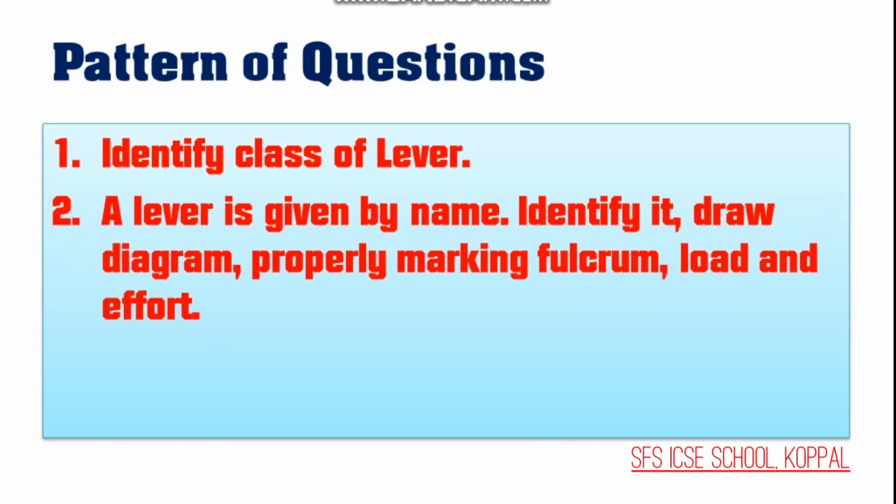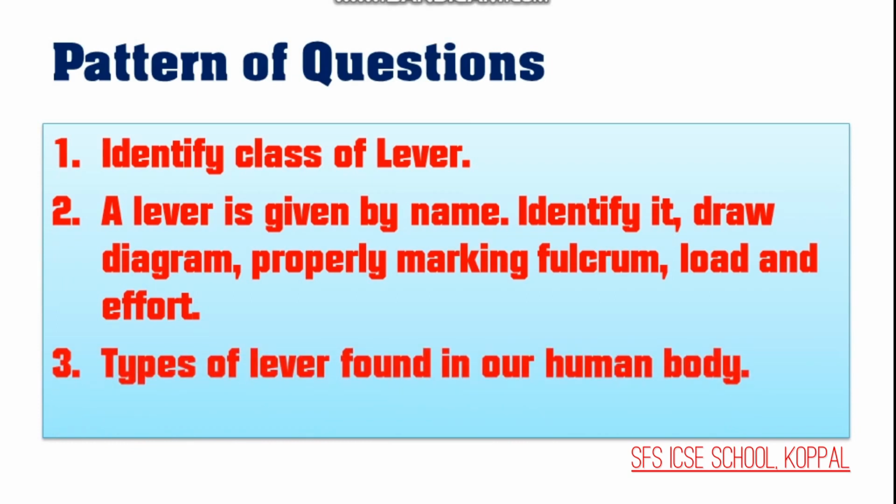You have to identify the lever as first, second or third and need to draw that lever properly, marking on it load, effort and fulcrum. Number 3, there are some examples for all these 3 types of levers found in our human body. That too is very important.